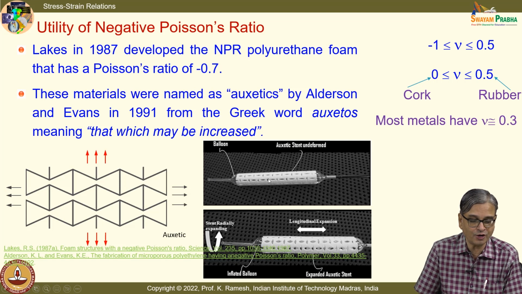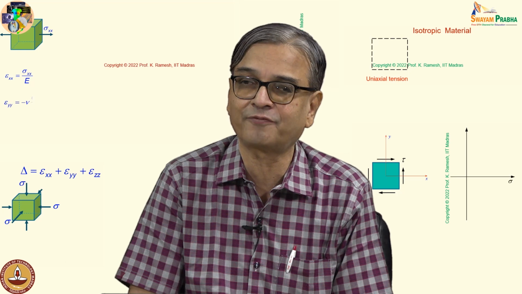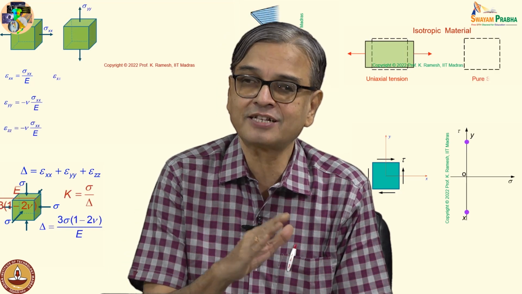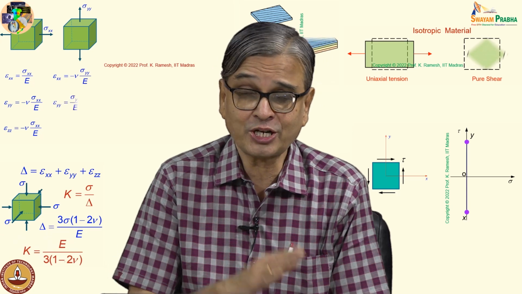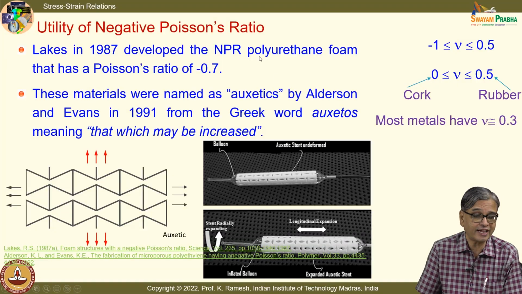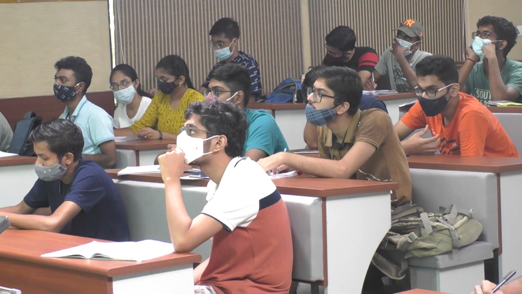It will bulge out, and at the same time it will also elongate in the longitudinal direction. That is a desirable characteristic for a stent to stay in place. So people have developed such materials; particularly the medical profession uses negative Poisson ratio so well.